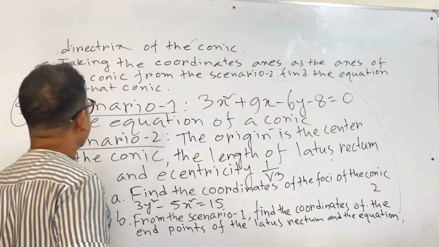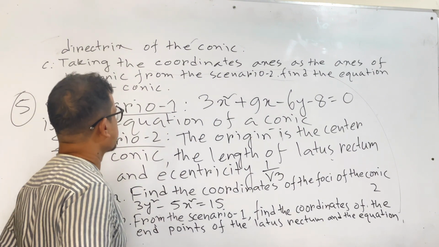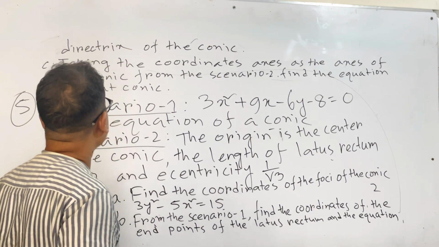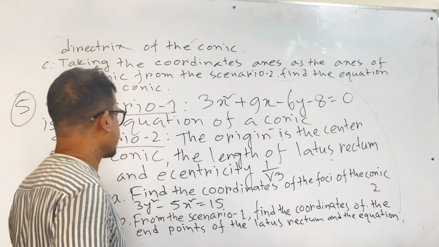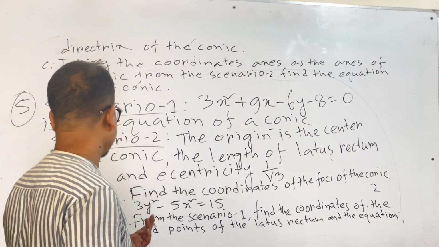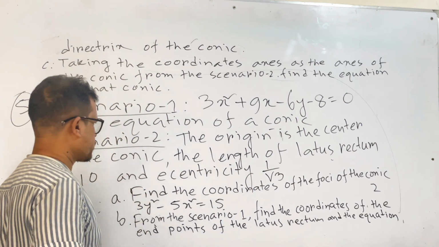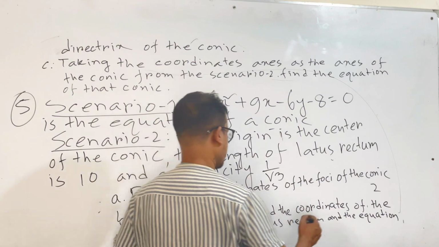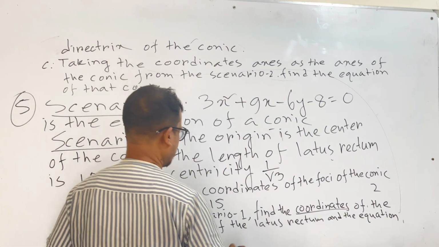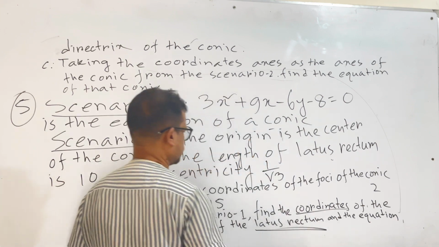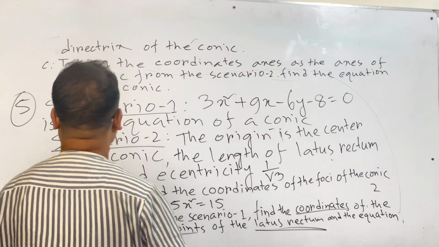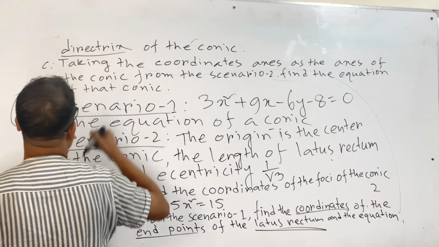Okay, and scenario 1 is the equation 3x squared plus 9x minus 6y minus 8, we call it, and we have to find the coordinates of the foci of the conic 3y squared minus 5x squared equals 50. From scenario 1 we have to find the coordinates of the two endpoints of the latus rectangle and the equation of the directrix of the conic.